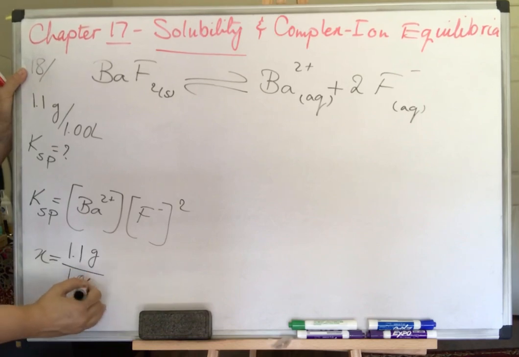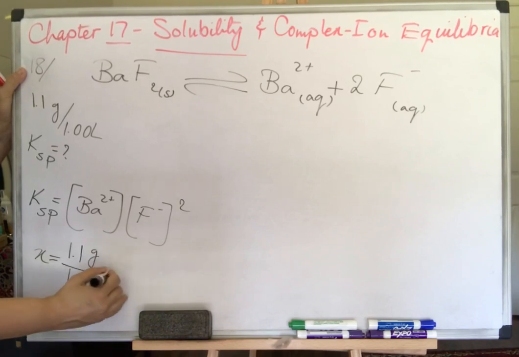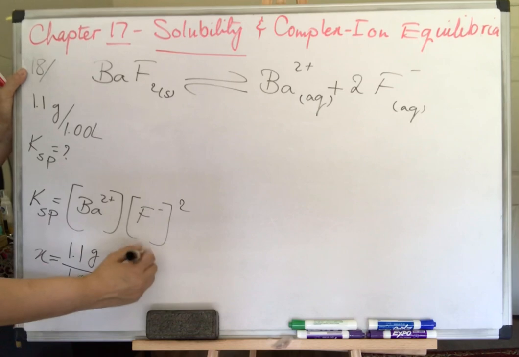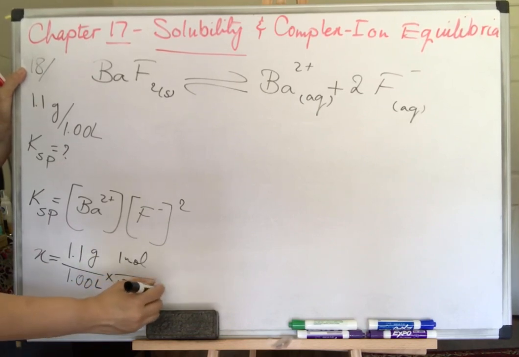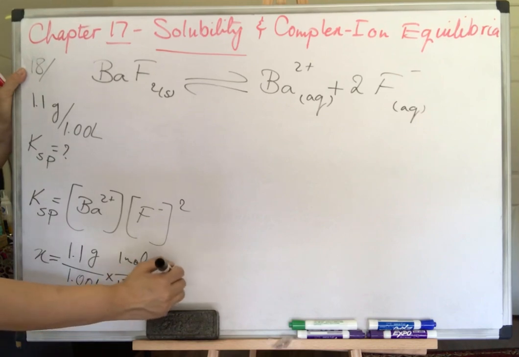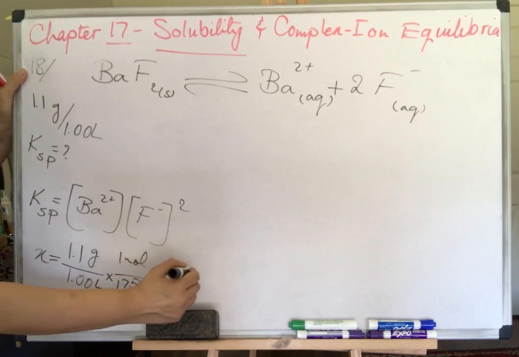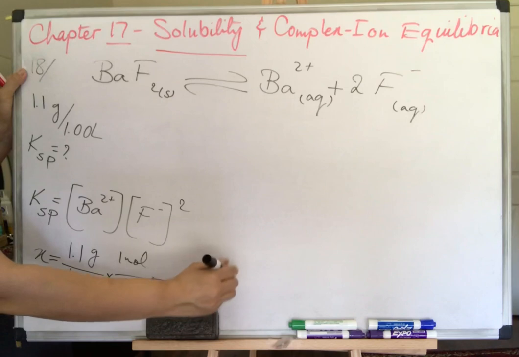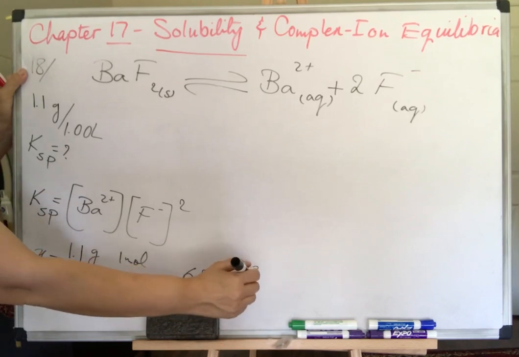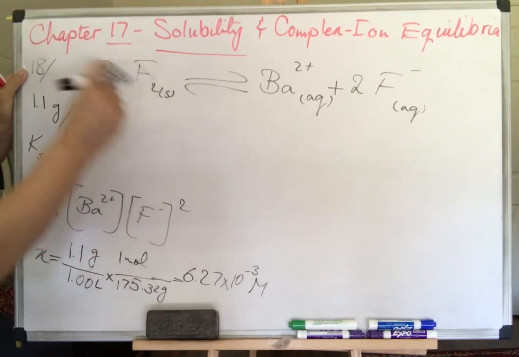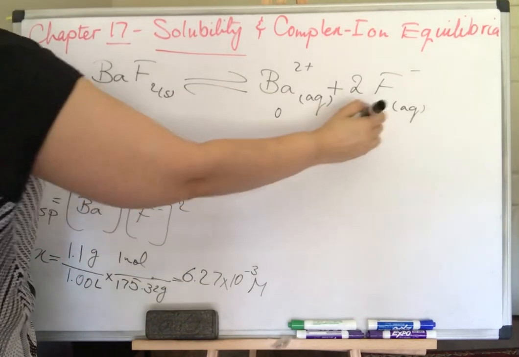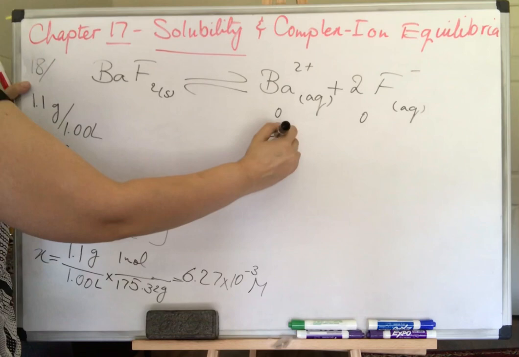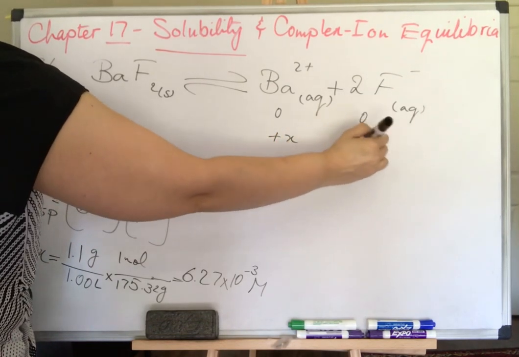So it's 1.1 grams per 1 liter. 1 mole of this BaF2 is 175.32 grams almost. So the solubility is going to be 6.27 times 10 to negative 3 molar. This is solid, so we use this for solid, so 0 and 0 at the beginning, then x and 2x are added.